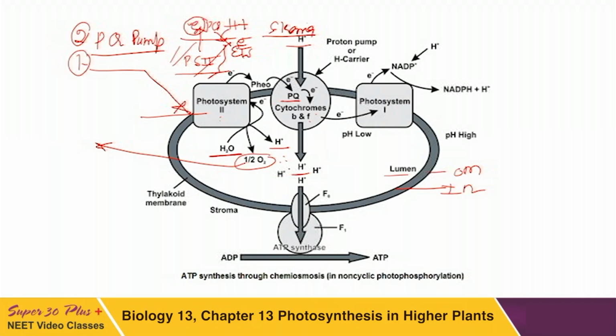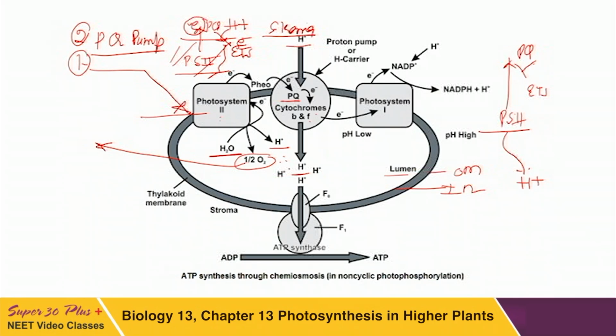The third important one here is, see again, this is PS second. The electron has gone here. It has gone to the electron transport system. Here, this is the proton pump, what I told you. See here, the protons released because of photolysis of water accumulate here.